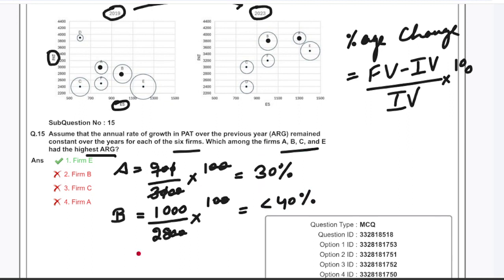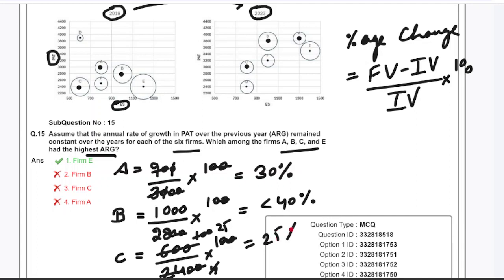Next we have C. For C, it is 2400 and 3000, so the difference is 600, divided by 2400 into 100. So this is 25%.